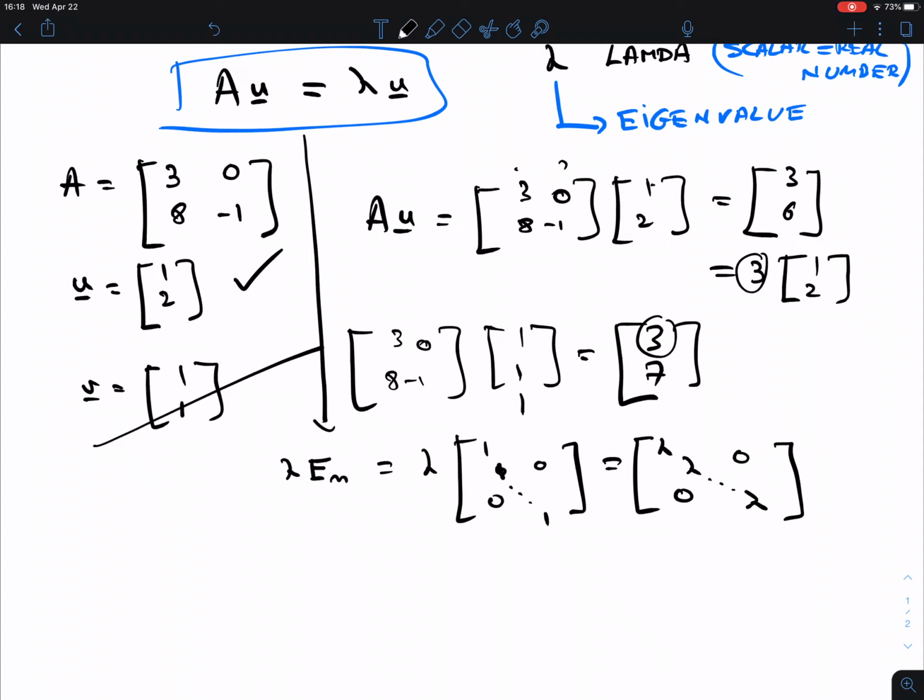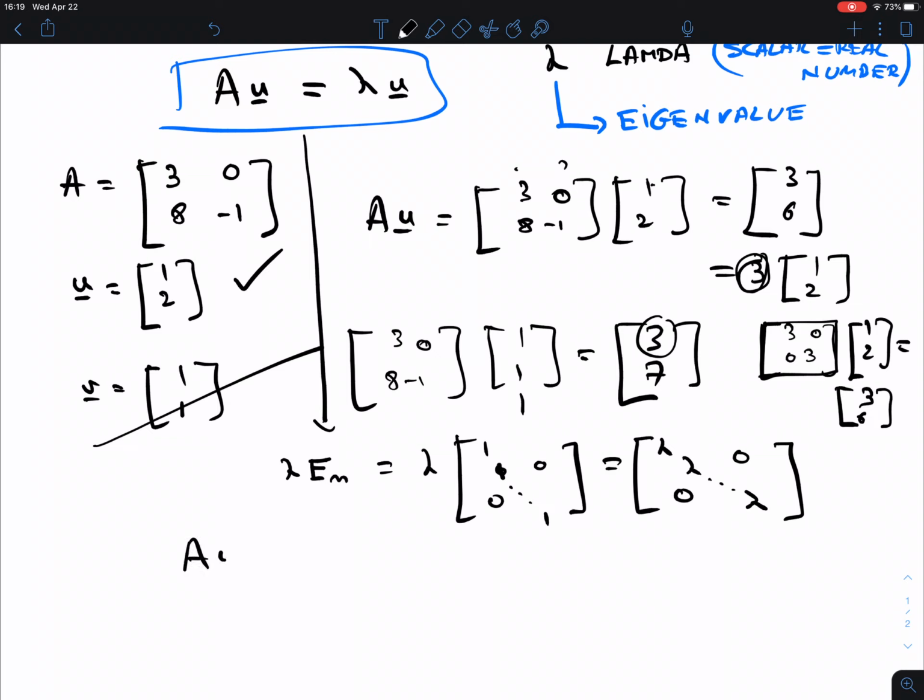What I'm trying to say is, if I take the matrix 3, 0, 0, 3, and I multiply 1, 2 with it, what do I get? I get 3, 6, right? So multiplying with a scalar is the same as multiplying with the corresponding multiple of the identity matrix. Why am I saying that?